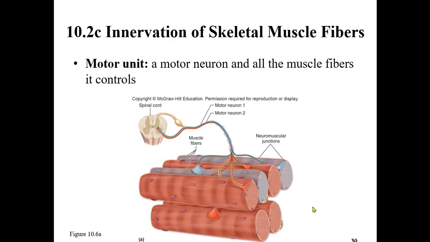Your fingers, which have a lot of fine control, will have many small units. Gross control, like your thigh, is going to have fewer but large motor units.